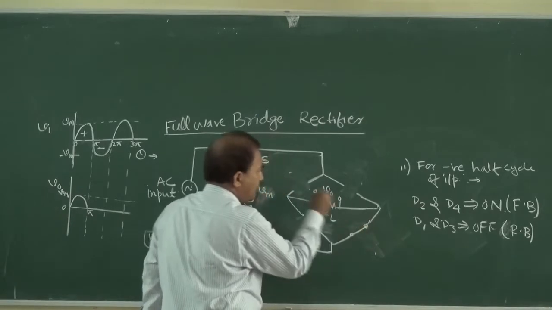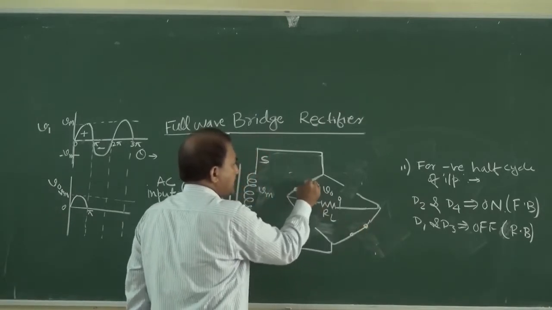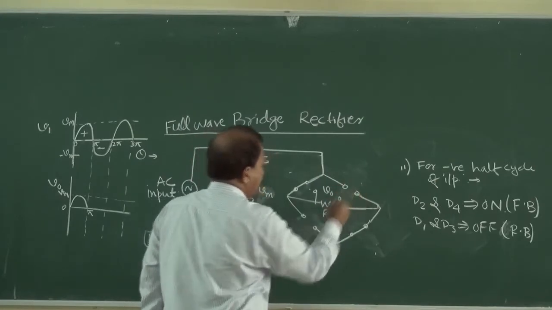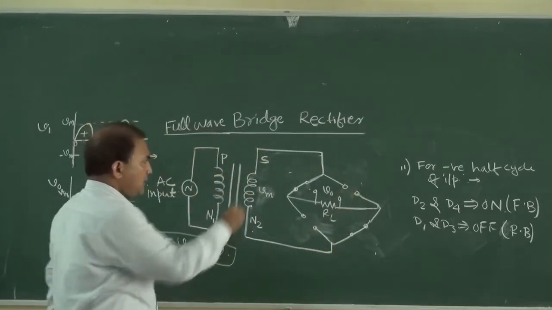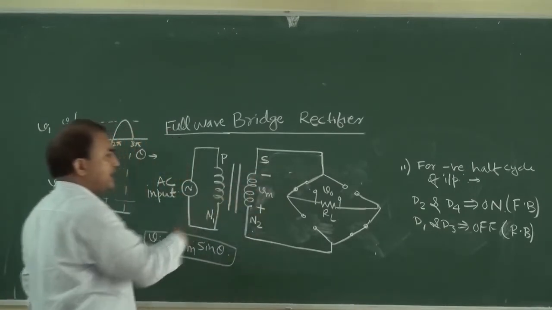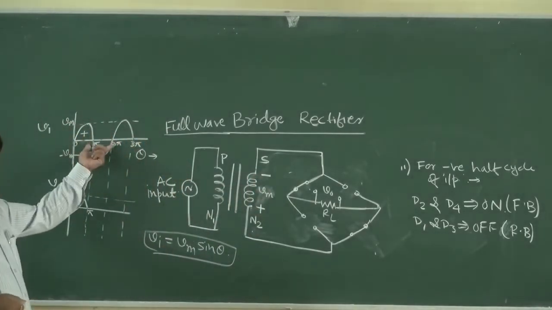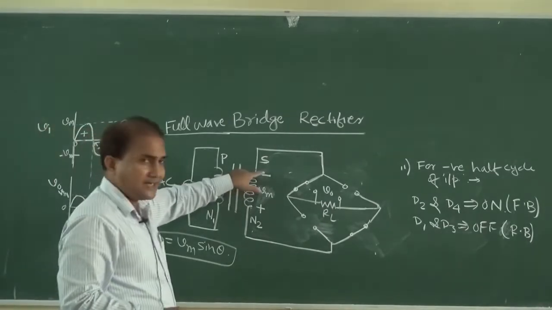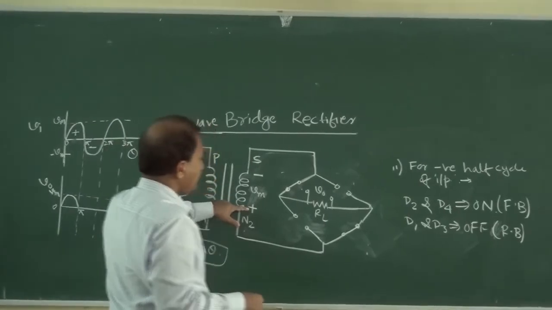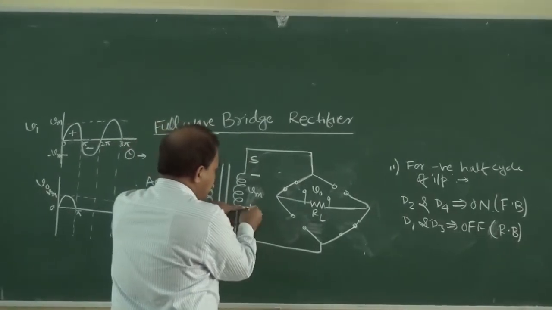We have to remove this and make it short, and this is open. Now the polarity is changed. Here it is negative and here it is positive in the negative half cycle. This is negative and this is positive.